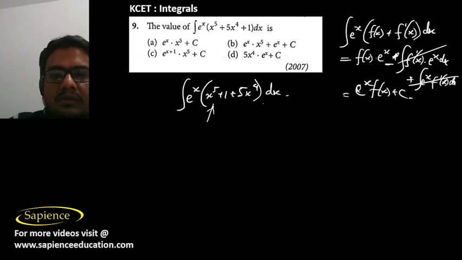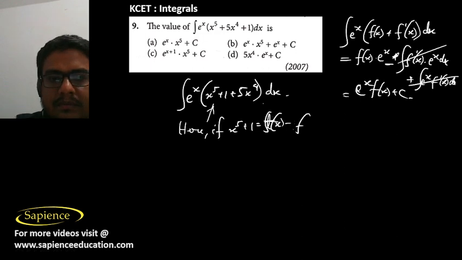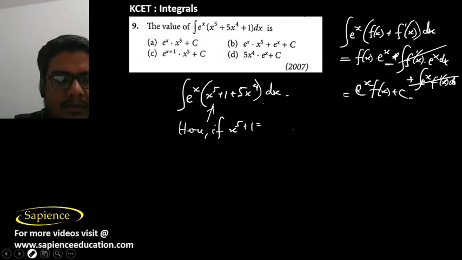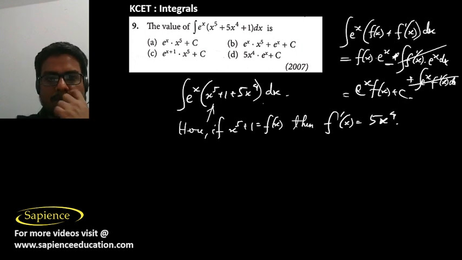So here also, if we take x power 5 plus 1 as f of x, then f dash x will be equal to 5x power 4.